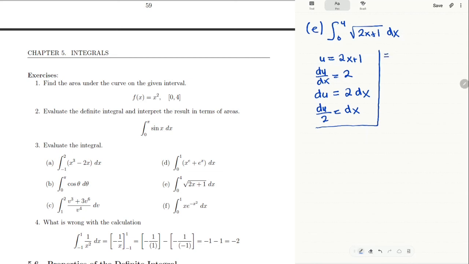So we can write this as the integral from x equals 0 to x equals 4, and then we can perform the substitution. So we have the root of u times du over 2.